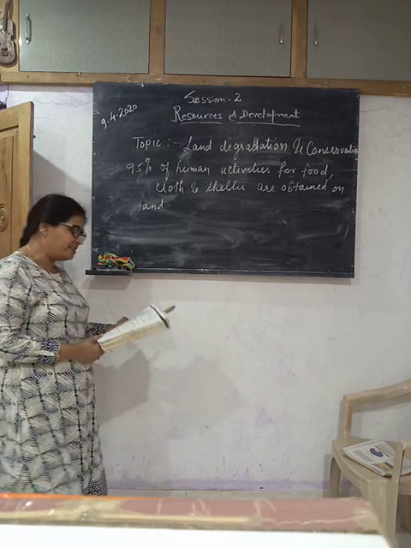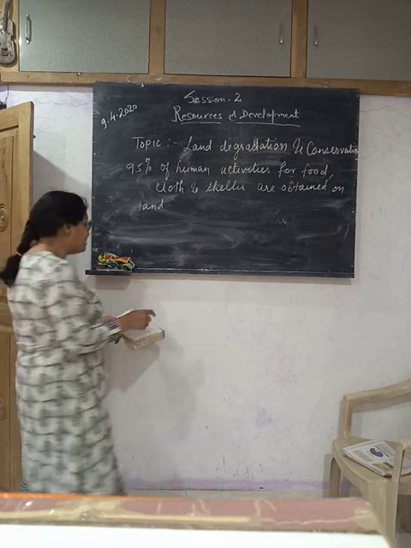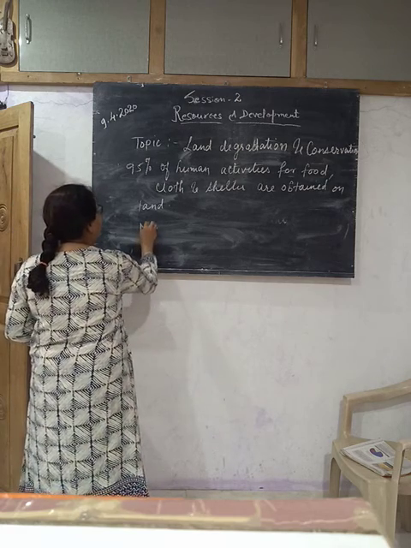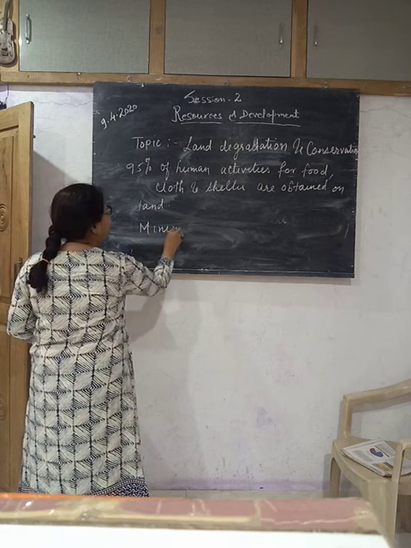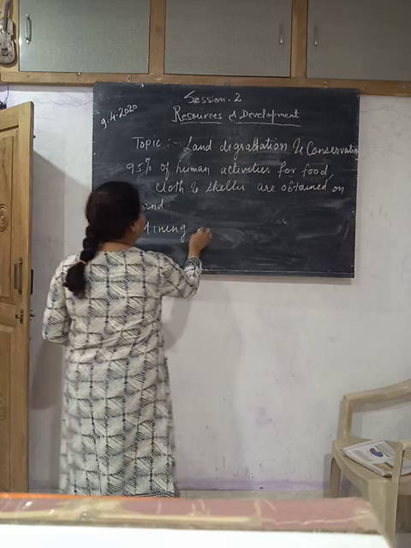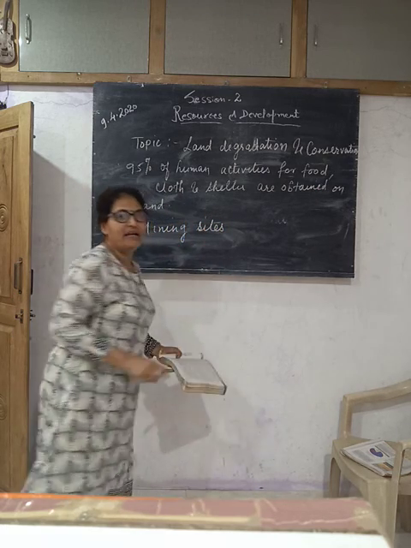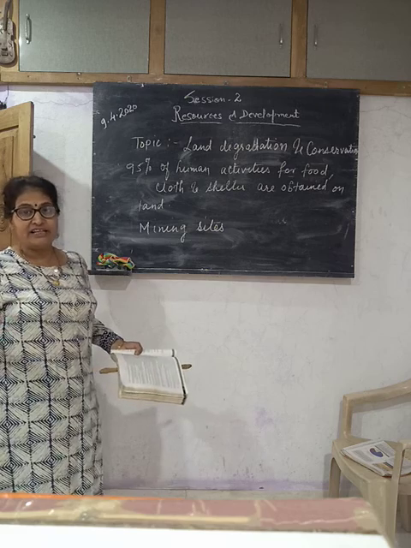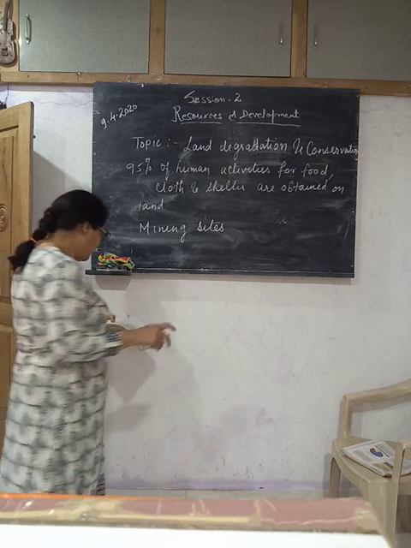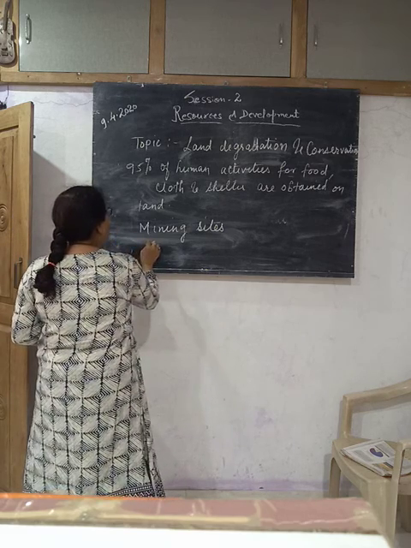Here, the first cause is mining sites. Continuous mining leaves deep scars in the ground. The second is overgrazing.